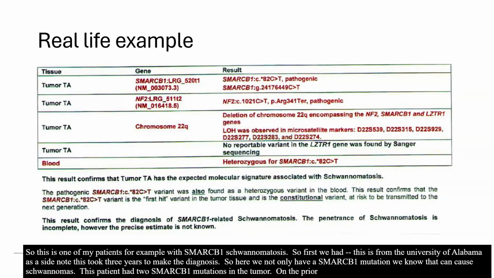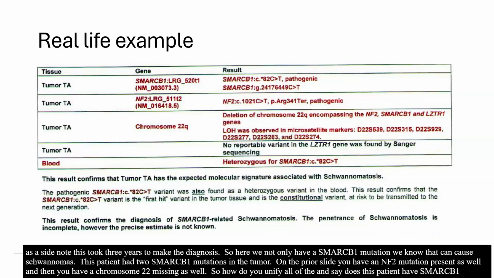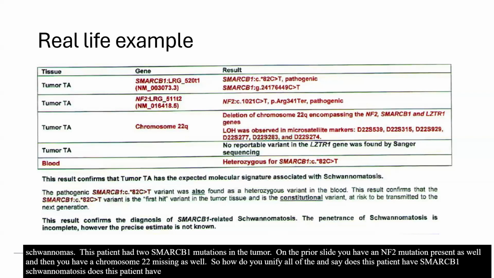And then you have chromosome 22q also missing. So how do you unify all of this and say, does this patient have SMARCB1 related schwannomatosis, NF2 related schwannomatosis, or is it chromosome 22q loss related schwannomatosis that's causing her symptoms?